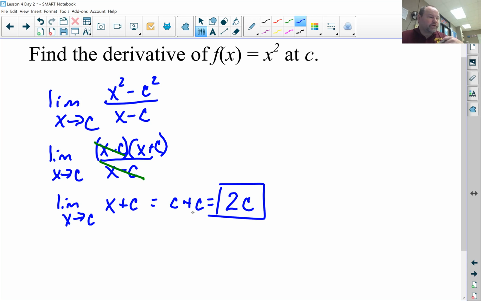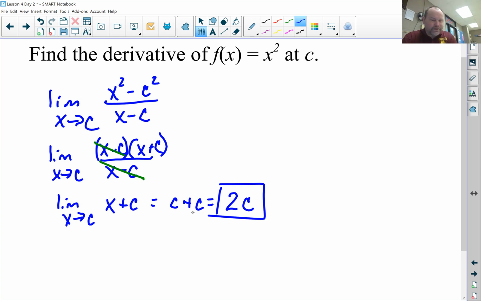For your homework, you're going to be doing derivatives. Some will actually say use the calculator. If you don't have a calculator at home, I will put a couple different ways that you can get a calculator, either download it or use your computer and get a graphing calculator simulator that way.